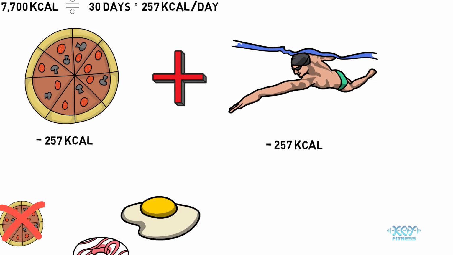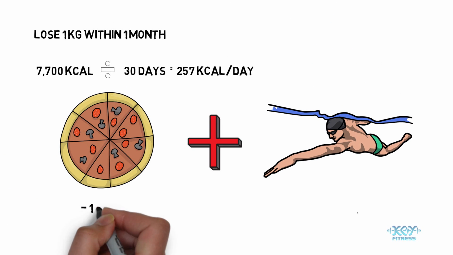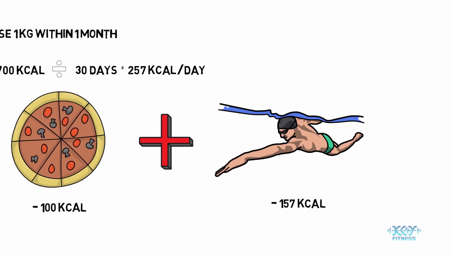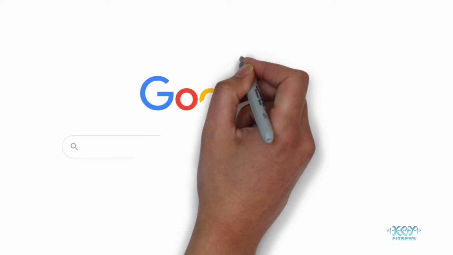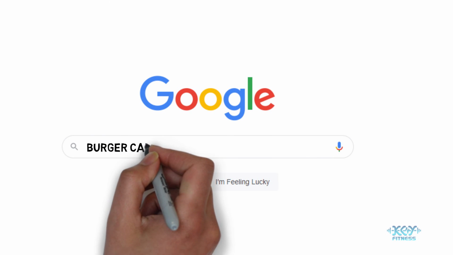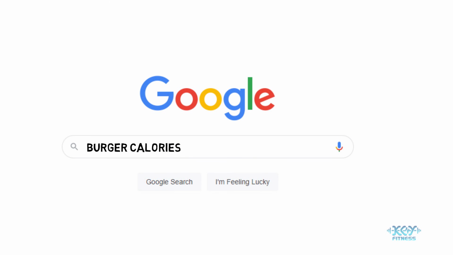Using the same example, you can decrease 100 kilocalories from your meals and do some exercises that will burn 157 kilocalories. If you don't know the calorie content of the food and how many calories each exercise can burn, search online and choose the suitable ones.